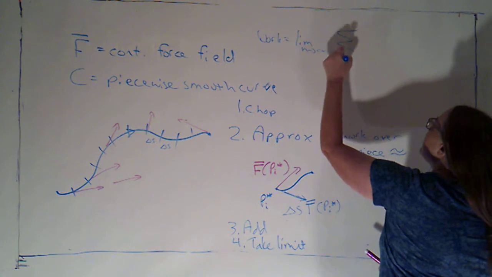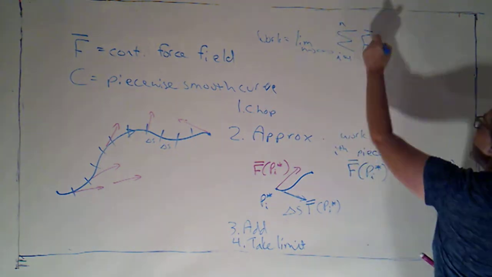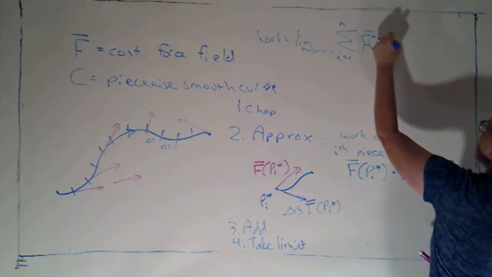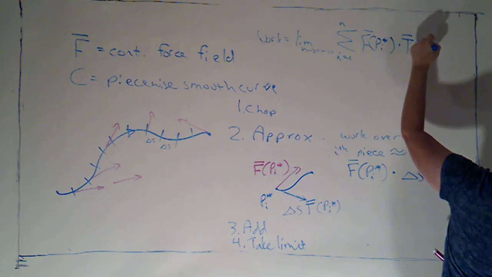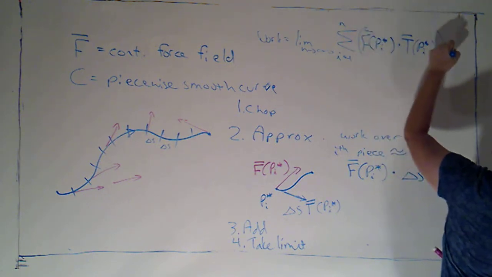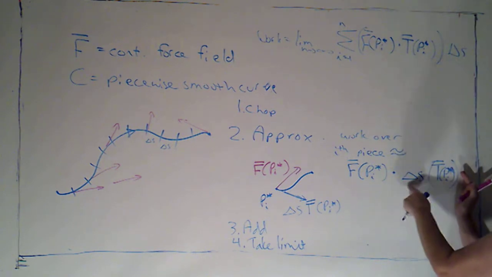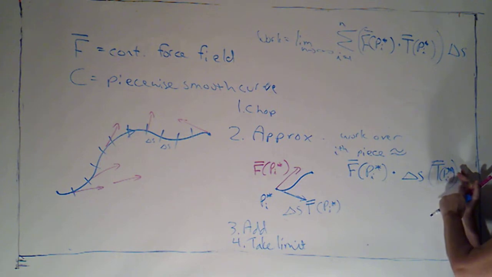And then it would be the sum, as i goes from 1 to n, of F at pi star dotted with T at pi star times delta S. Now all I did was take that scalar and pull it outside of the dot product.